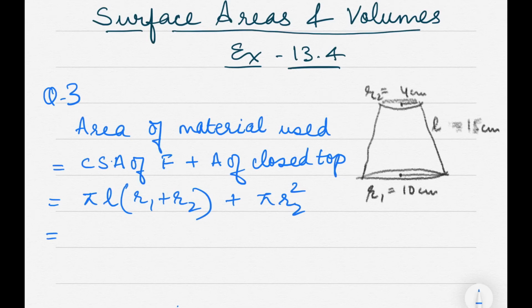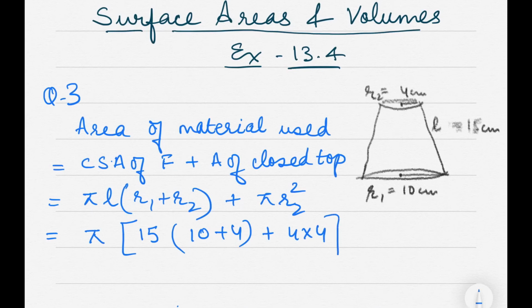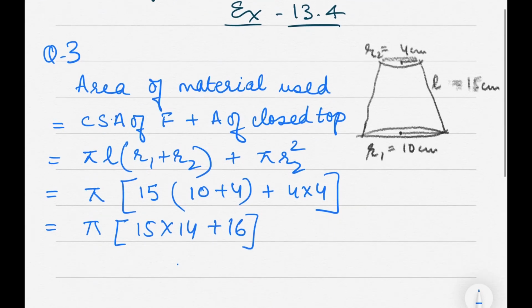So this is equal to, pi is common, I can take it out like that, and in the big bracket, length is equal to 15 into 10 plus 4, and plus, pi I have already taken out, r2 is 4 into 4. Now I'll keep pi like that only, and this is equal to 15 into 14 plus 16, right?